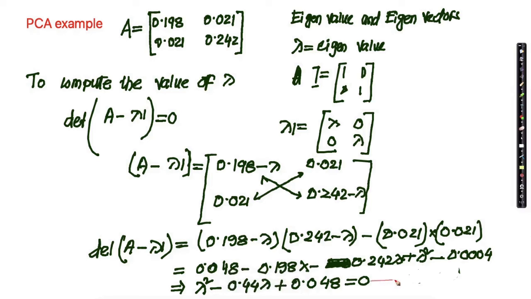If we solve this quadratic equation, we get the value of lambda, which is the eigenvalue for the given covariance matrix.